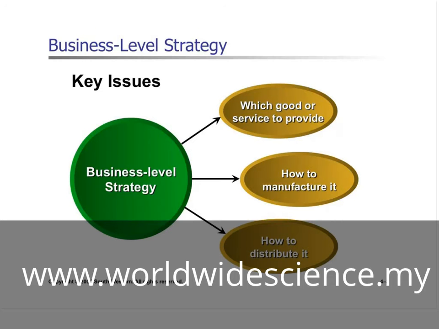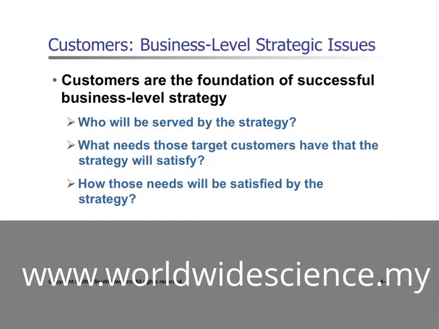How to manufacture it according to the preferences and requirements that the customers put forward. So then again, customers are your major concern. And then how to distribute it for customers. So basically, customers are the foundation of your business. So who will be served by this strategy?